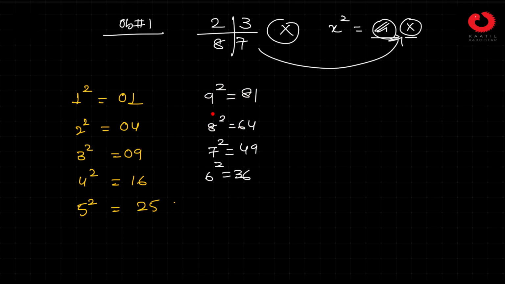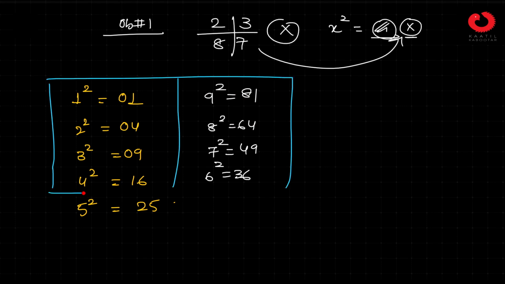If you see these numbers, one common problem is that the last digit 6 is common for both 4 and 6, 9 is common for both 3 and 7, 4 is common for 2 and 8, and similarly 1 is common for 1 and 9. So this means that the last digit is not unique.